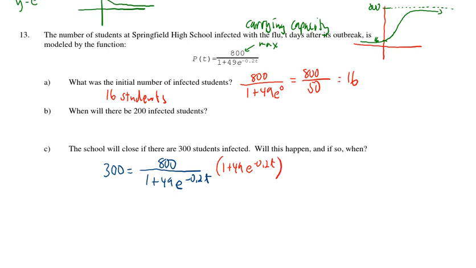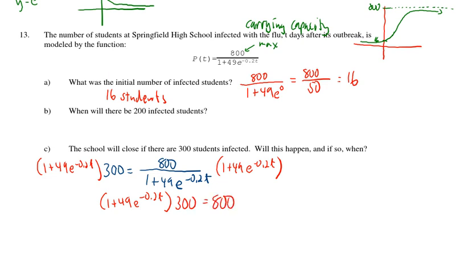If you thought of this as 300 over 1 and cross multiply, we'd end up with the same result. So now we've got 1 plus 49 e to the negative 0.2t times 300 equals 800.